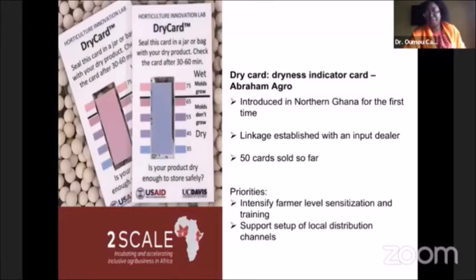You just put the product in the bag, put the card in there, wait a few minutes, and you look at the colors, which tells you the status of your product. So we have introduced these cards and focus on sensitizing and training farmers. These cards were already developed, and you have to work your way backward and strengthen the demand for these types of technologies.